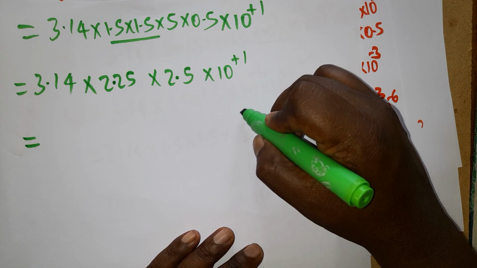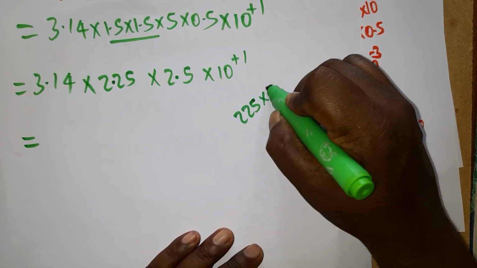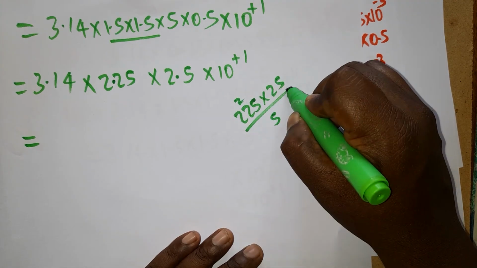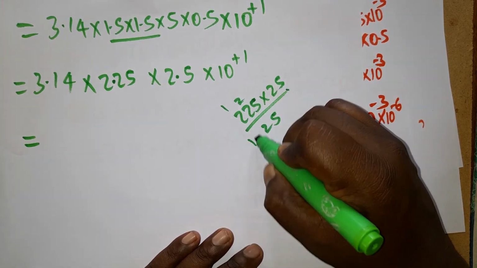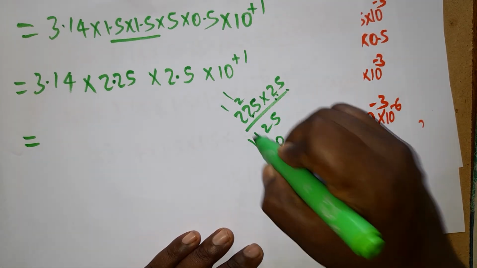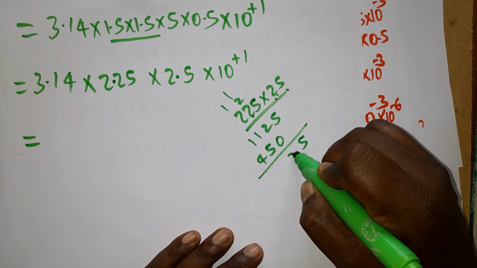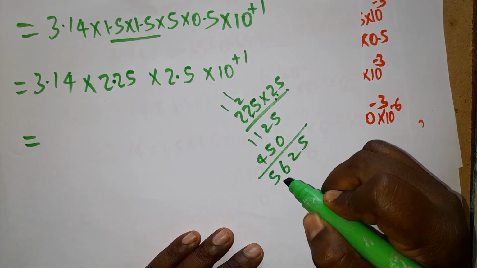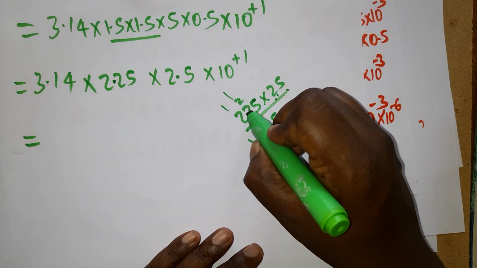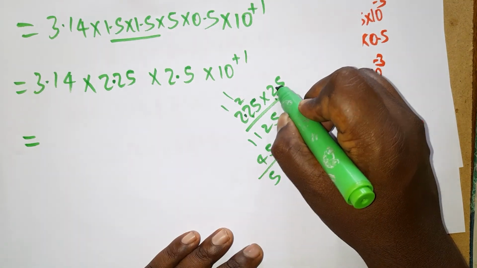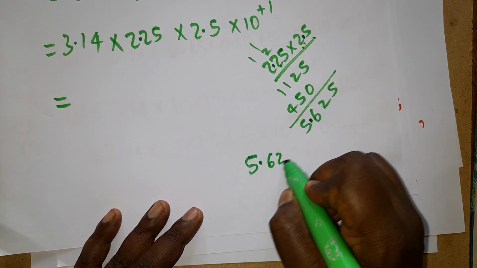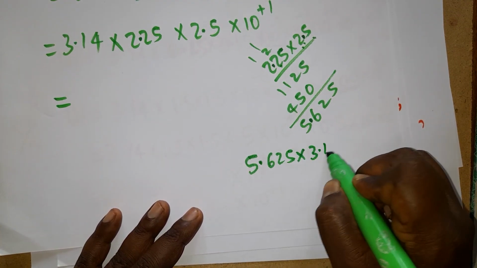Slowly you can do the multiplication. 225 into 25, first I am multiplying. So we have 2.25 into 2.5. So 3 decimals you can keep here. So 5.625 into 3.14.